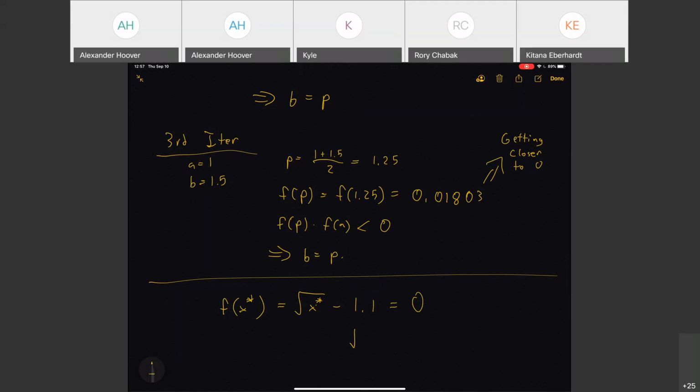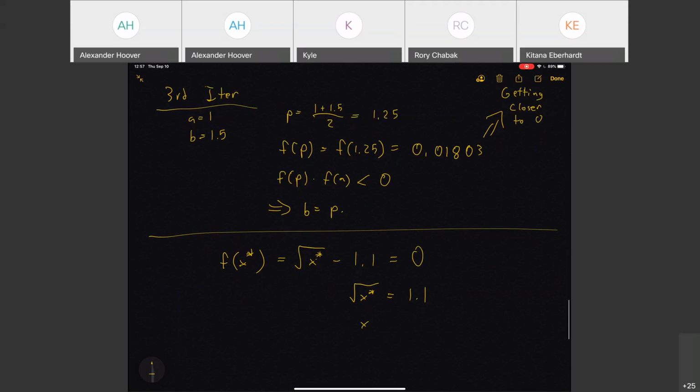Then I can say that the square root of x star is equal to 1.1. So x is equal to 1.1 squared, right? Which is just shockingly very close to 1.2. Okay.